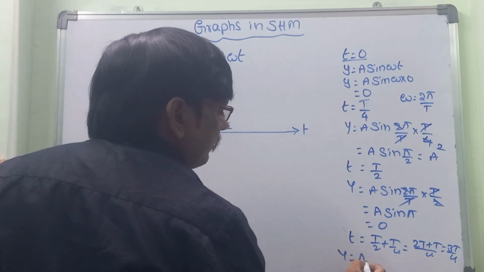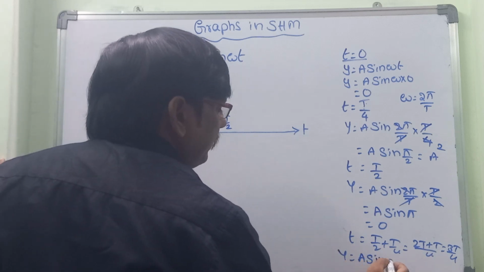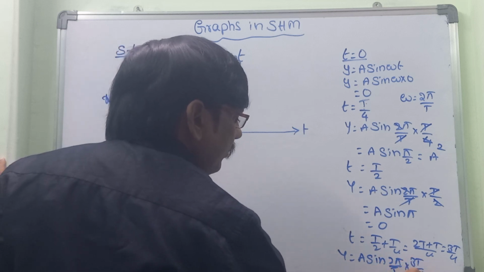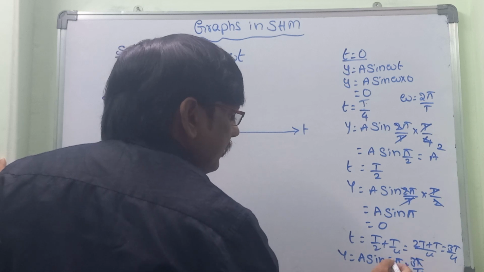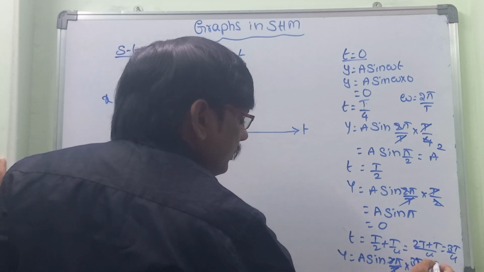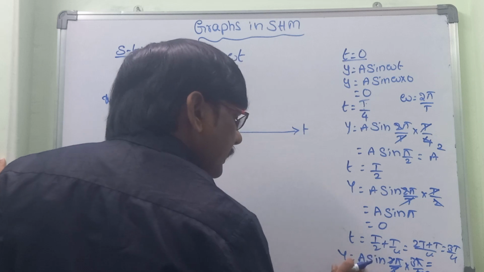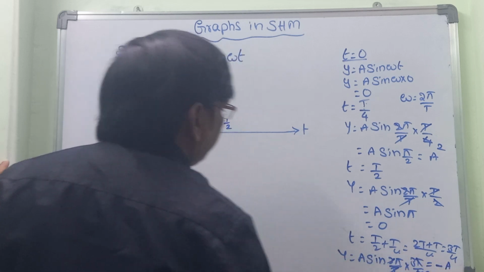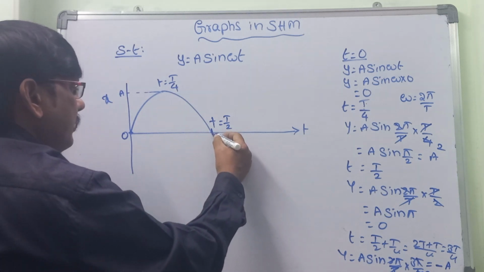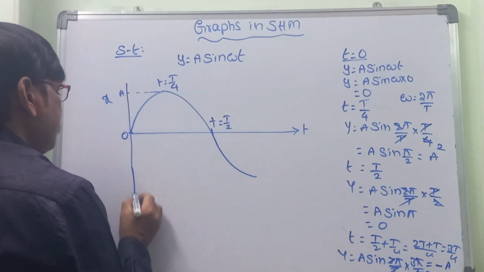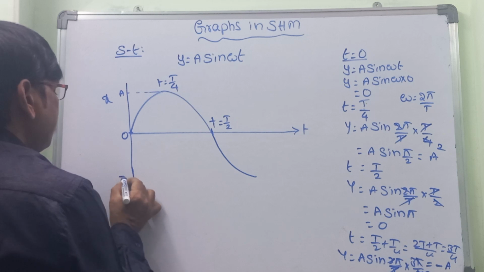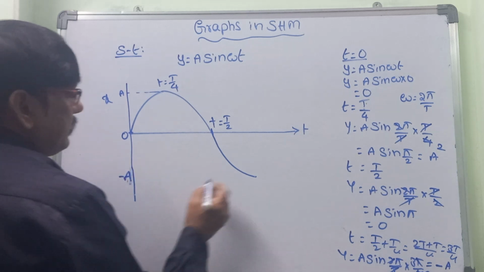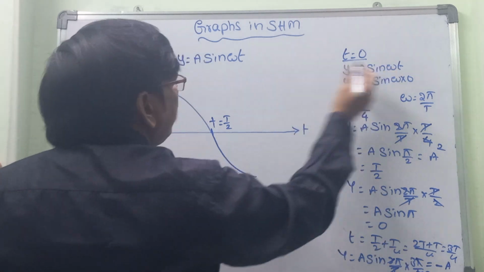Then y = a sin(2π/T × 3T/4). T gets cancelled, and we get a sin(3π/2), that gives −a. And so the graph turns towards like this, and we can consider this as −a.